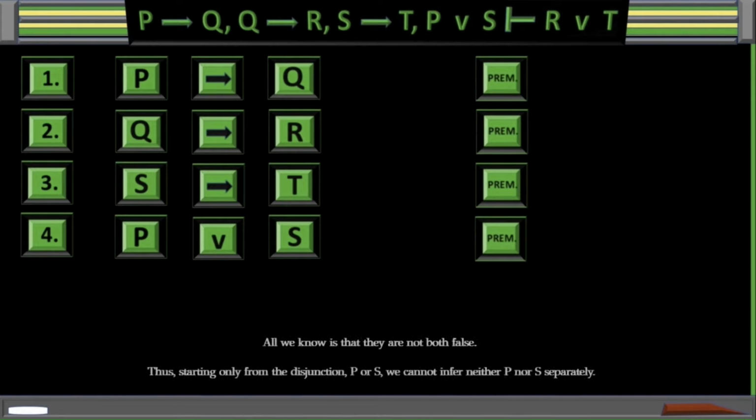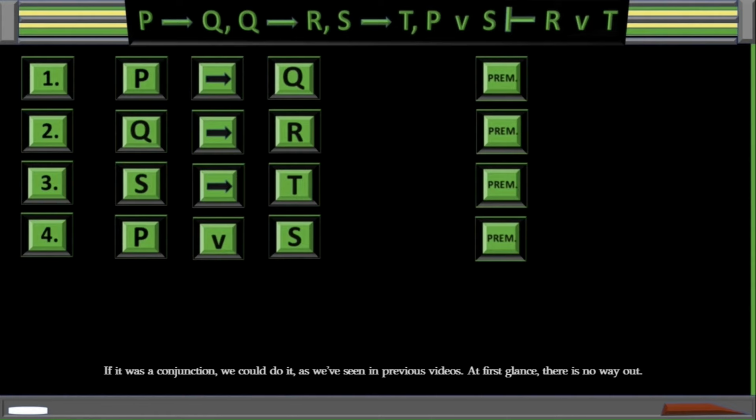All we know is that they are not both false. Thus, starting only from the disjunction P or S, we cannot infer either P or S separately. If it was a conjunction, we could do it, as we have seen in the previous videos. At first glance, there is no way out.